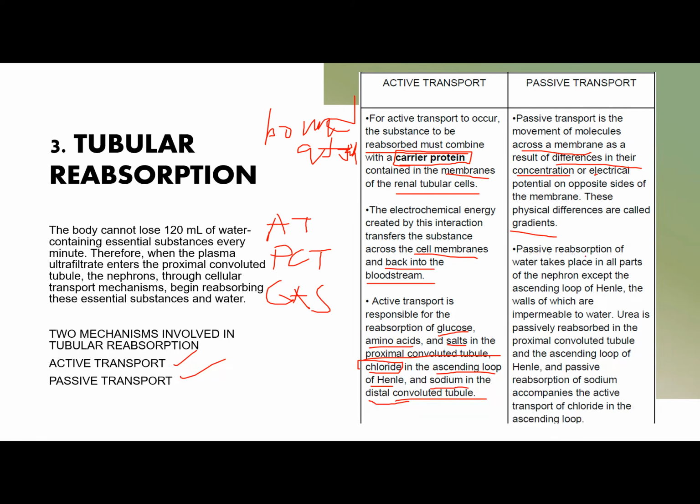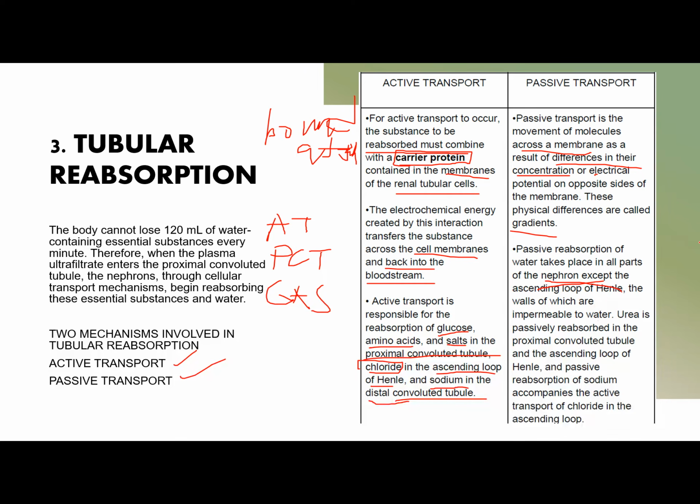So, passive reabsorption of water takes place in all parts of the nephron. So, lahat daw ng parts ng nephron na-absorb yung water by passive reabsorption except the ascending loop of Henle, the walls of which are impermeable to water. So, lahat ng parts ng nephron is capable of passive reabsorption of water except the ascending loop of Henle.